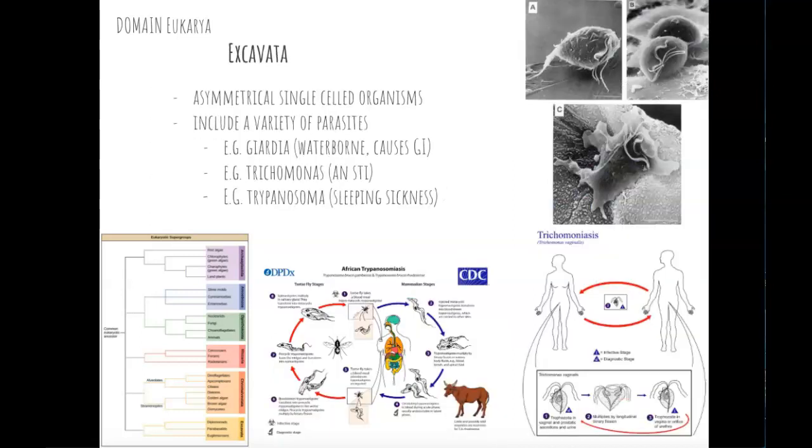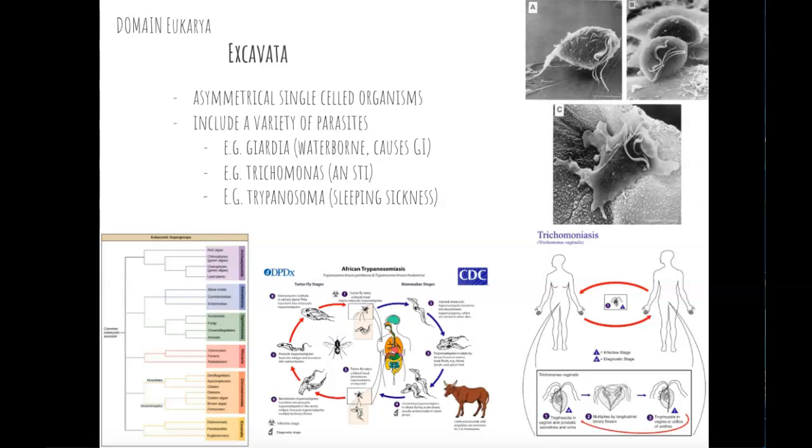Last group are called the excavata. These are asymmetrical, which is kind of unique, and they are single-celled organisms. Most of them are parasitic, and there's a variety of different parasites that fall into this group. One of them is Giardia, which you may have heard about if you like to hike or camp or you're outdoorsy.